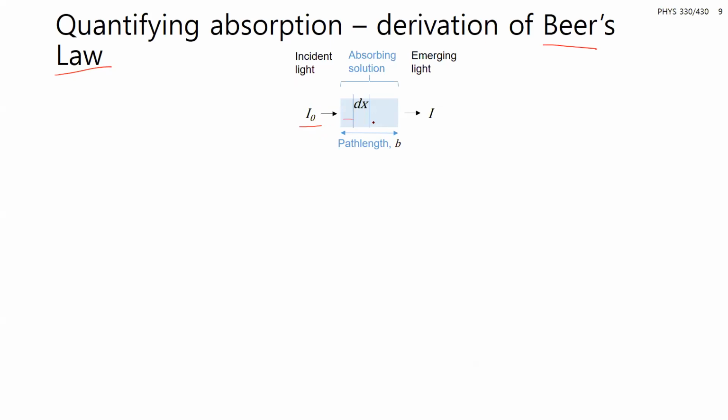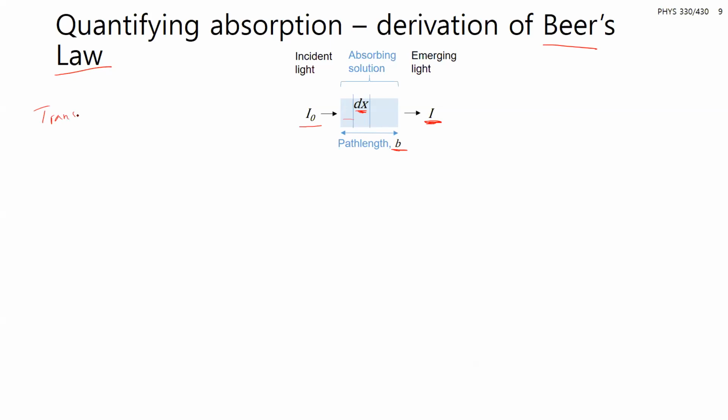It then passes through your sample, which is going to be some solution in a cuvette. A cuvette has a certain path length, which we'll call b. And as that light interacts with different slivers of the solution, we're going to call that dx. And then you detect the intensity of light that emerges after interacting with that sample.